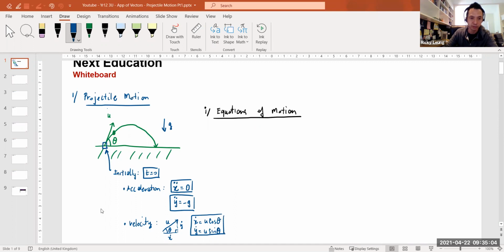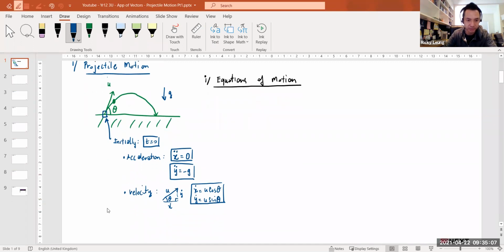And then distance-wise, and this is important, displacement-wise.